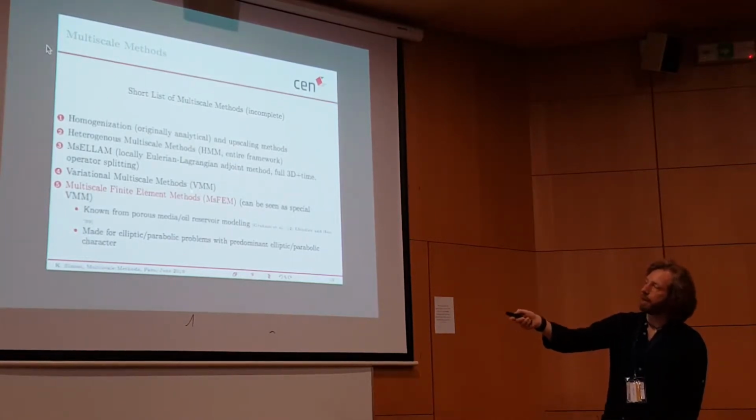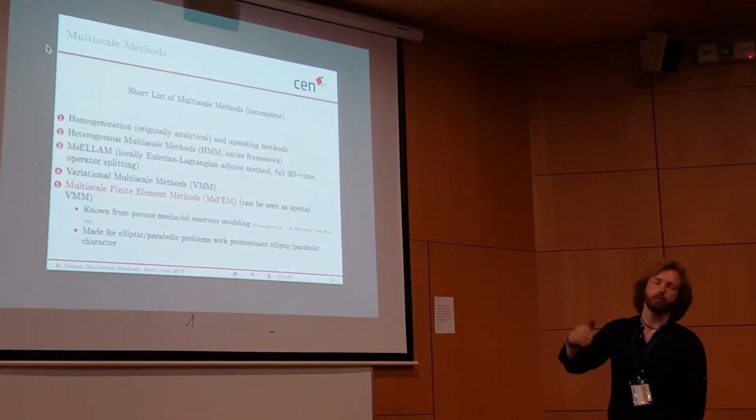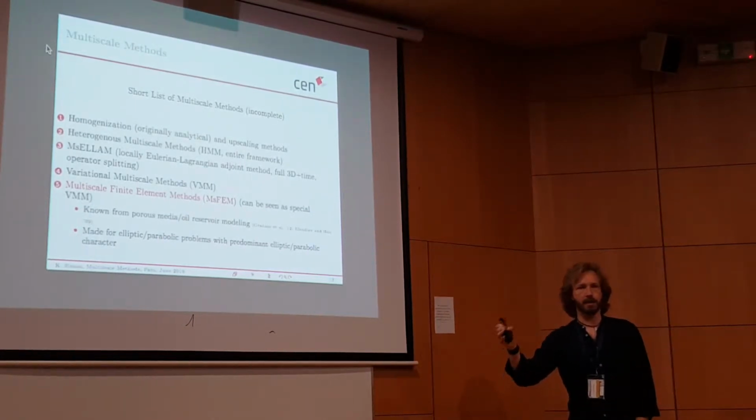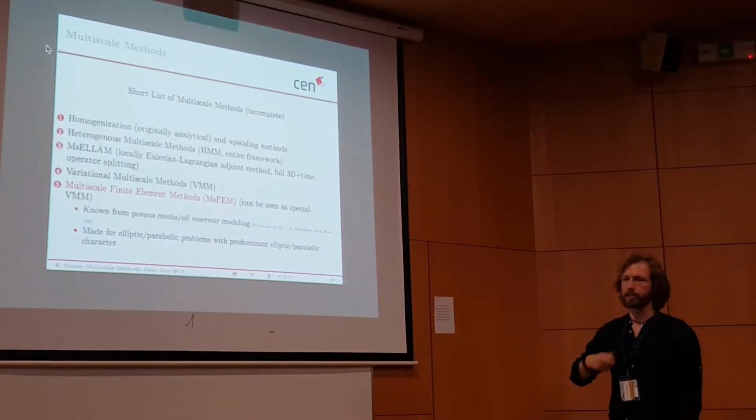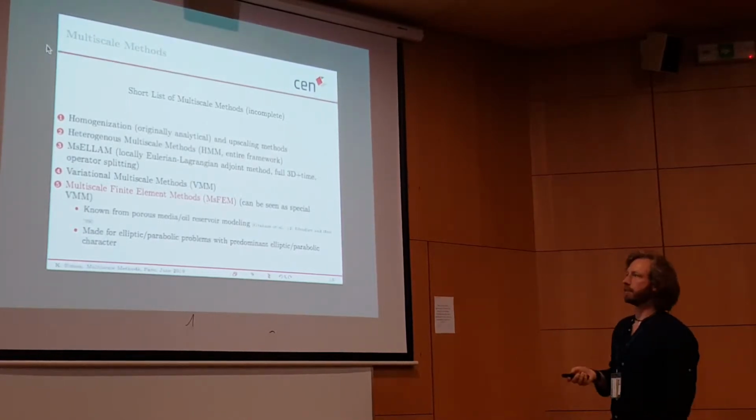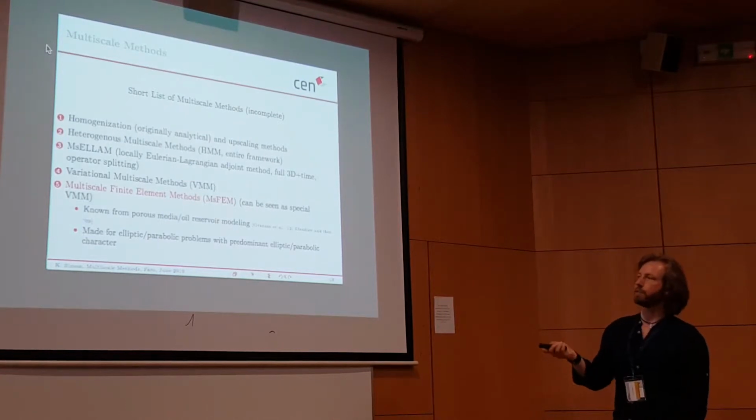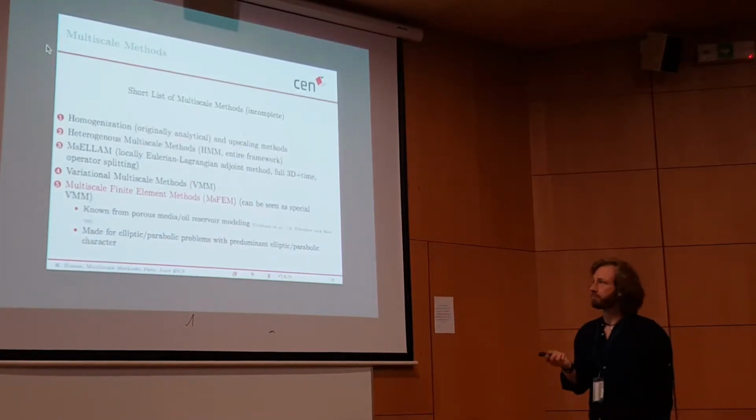In this talk we focus on multiscale finite elements, but what I'm going to present is not tied to multiscale finite elements, as long as you obey certain localization principles that are inherent to the physics of the problem. These methods are known from porous media and oil reservoir modeling, and they have been around for approximately 20 years.